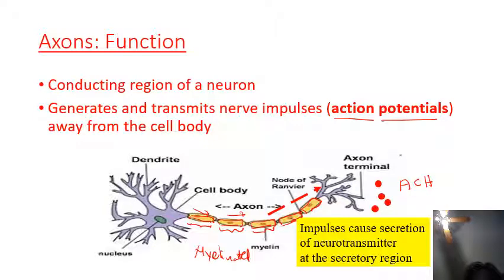In between myelin sheath are regions that lack myelination called nodes of Ranvier.